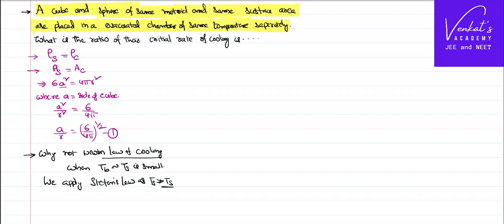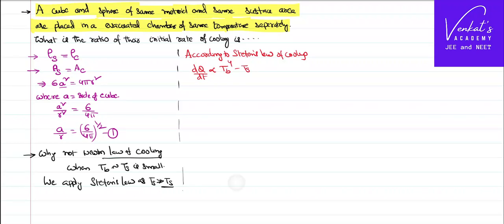According to Stefan's law, the rate of loss of heat is proportional to the difference of the fourth powers of the temperatures of the body and surroundings.